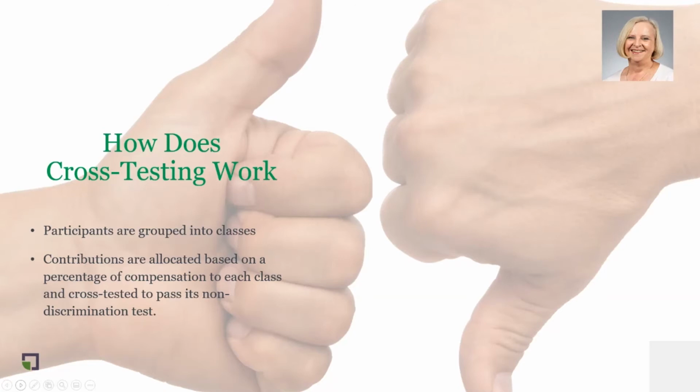Once we have these contribution percentage targets, we start the cross-testing, we being your consultants, to determine if those percentages are discriminatory. If these tests fail, the percentages have to be adjusted until the test does pass. There are several ways of making these adjustments. An obvious one would be that the higher percentage group would get less, the lower percentage group would get more, that type of thing.